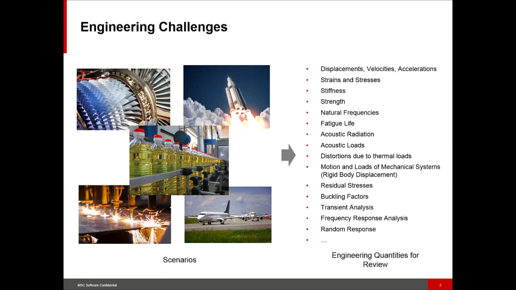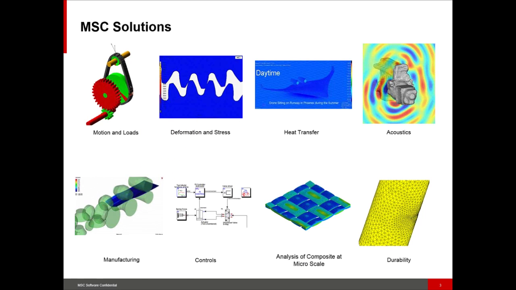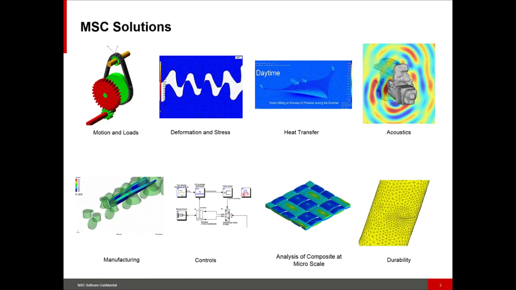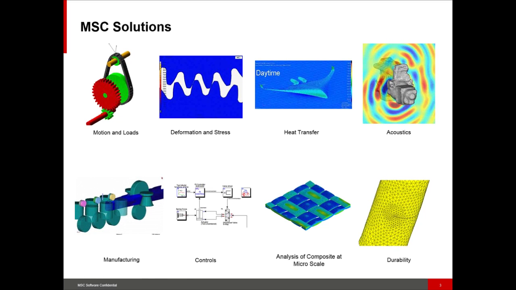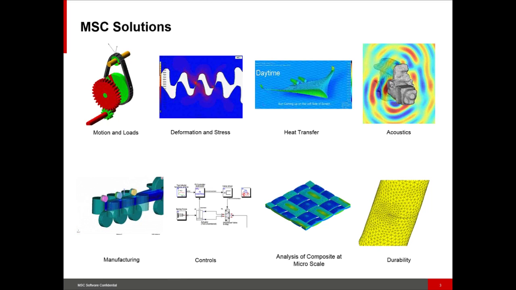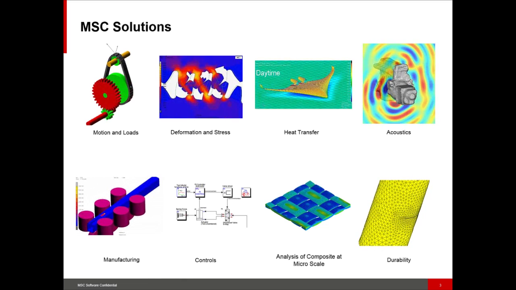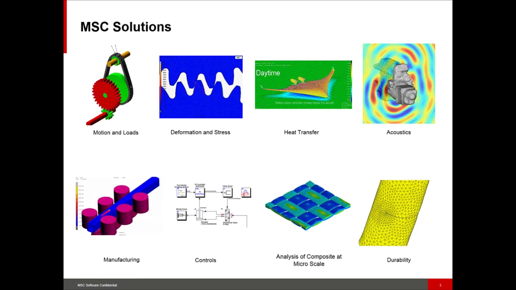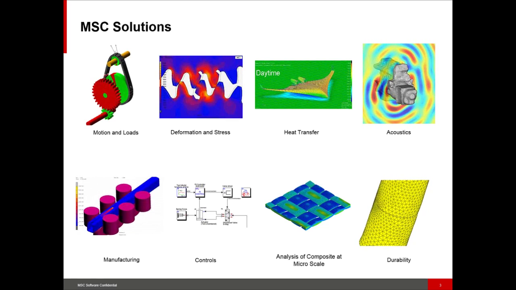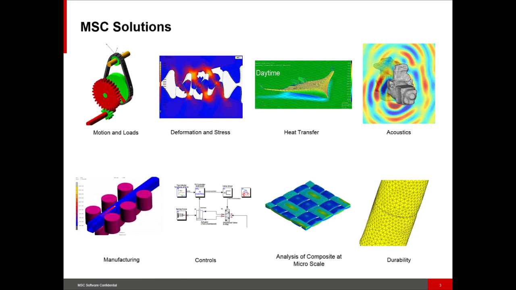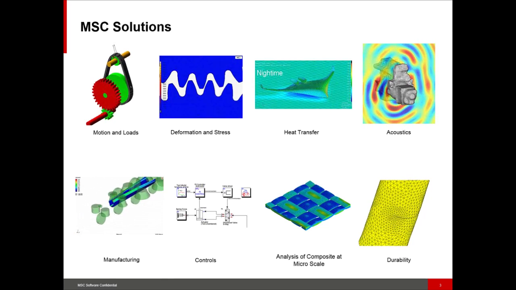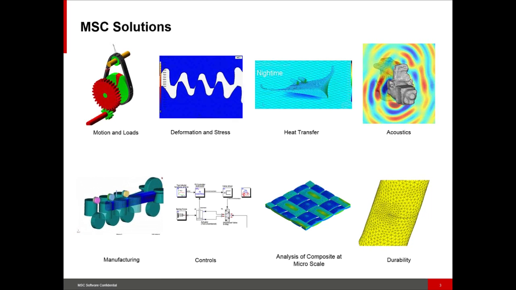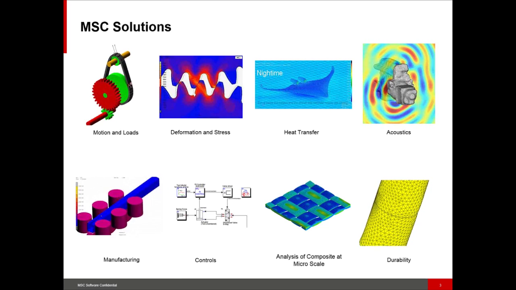What we do here at MSC Software, we develop software applications that can help you produce these engineering quantities. So if you're trying to model a launch vehicle or processing or a bottling process, you can use our software to do things such as motion analysis. There you can obtain things such as velocities and accelerations, determine what the motion or what the loading is of your dynamic system.